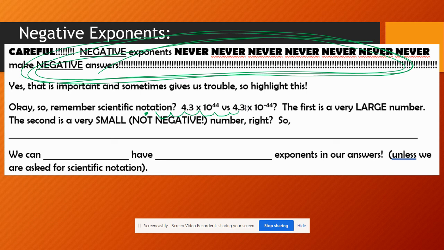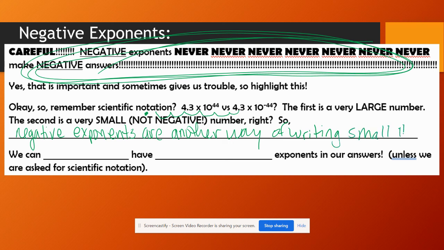So negative exponents are another way of writing small numbers.